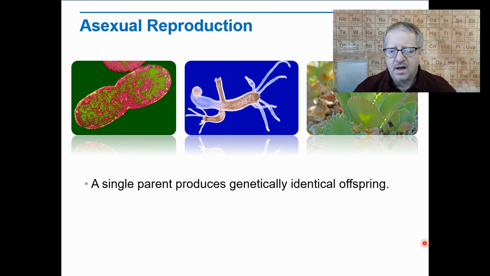So how do they do this even though they're multicellular organisms? Well, tiny plantlets in the Kalanchoe can actually break off and grow into full new plants. And the bud on the Hydra will eventually pinch off to become a separate individual as well.